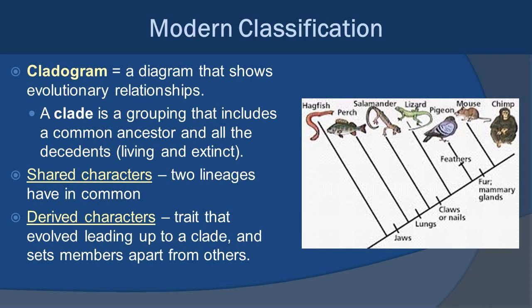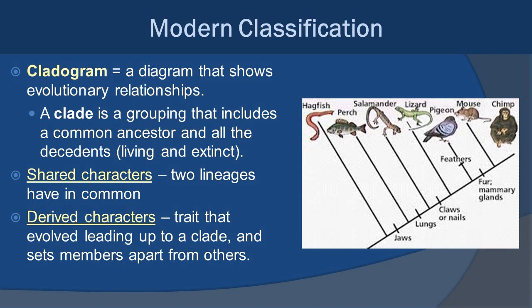Oftentimes we use things called cladograms, which is a diagram that shows evolutionary relationships. And within that we have clades, which is a group that includes a common ancestor and all the descendants, both living and extinct. If you look at the cladogram on the right, you'll see a bunch of relatively modern animals, everything from a hagfish, which you may not be familiar with, it's a jawless fish, perch representing fish, salamanders, lizards representing reptiles, and so on all the way up to chimps representing pretty much primates.